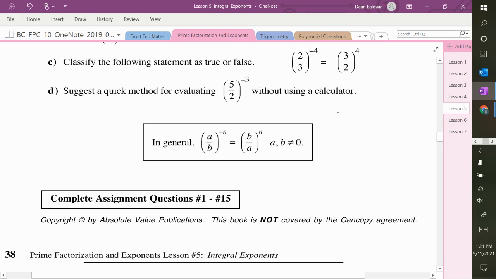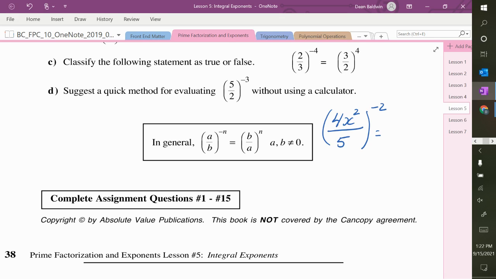So, tell me what this equals. All right, I don't want negative exponents. So what do I do?